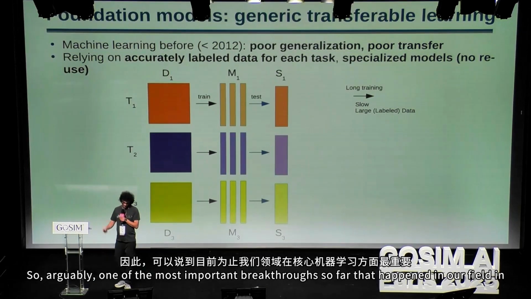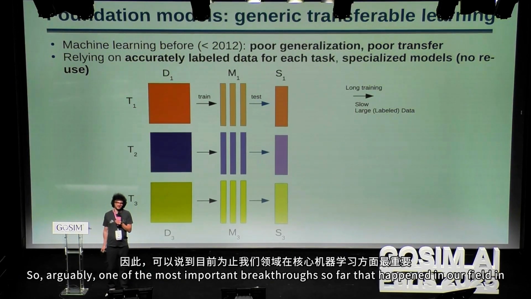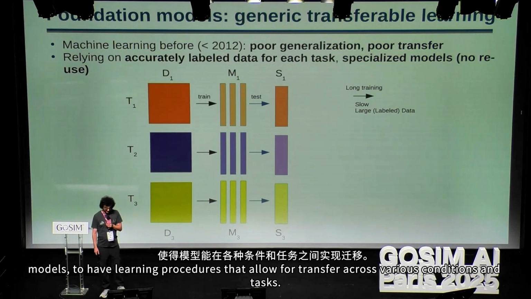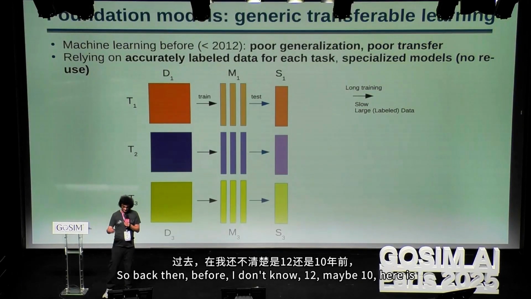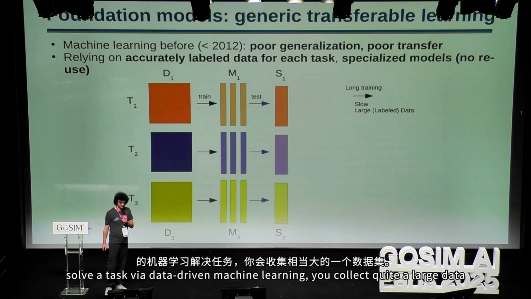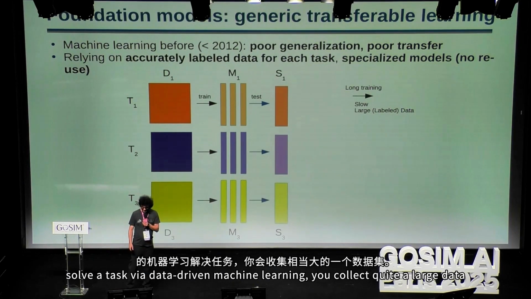So arguably one of the most important breakthroughs so far that happened in our field in core machine learning is that we finally have a way to train models, to have learning procedures that allow for transfer across various conditions and tasks. So back then, before, I don't know, 12, maybe 10, here's the right date, we had a situation where if you would like to solve a task via data-driven machine learning, you collect quite a large data set.